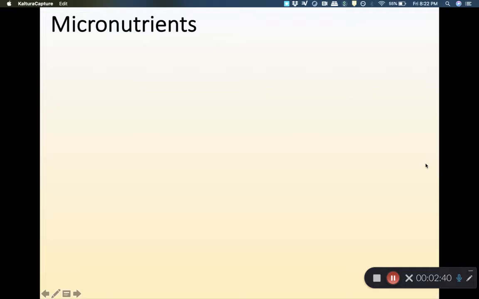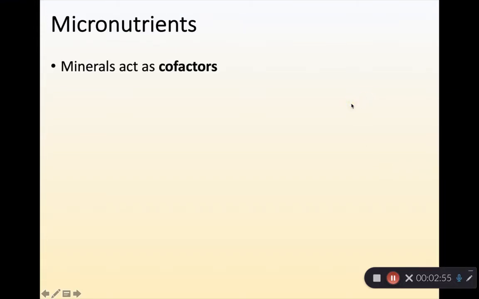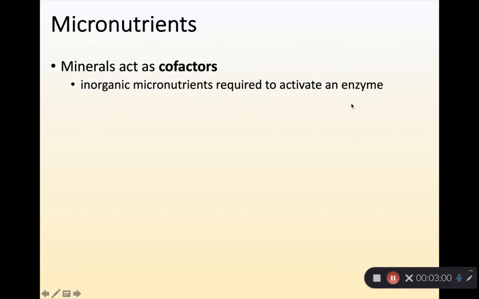So, how are micronutrients used metabolically? Again, thinking about metabolism as a series of chemical reactions that are needed to produce energy in the body. Minerals act as cofactors. A cofactor is essentially a micronutrient that is required to activate an enzyme, those proteins that speed up different reactions.